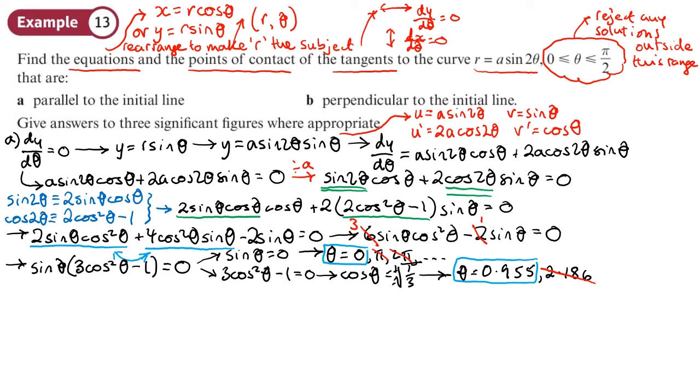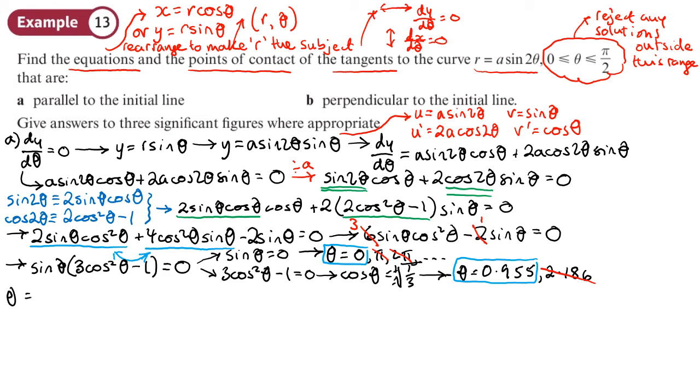The next thing is we need to work out what the values of r are, because we want the point of contact before we move on to find the equation of the tangent. So the point of contact is in the form r, theta. So we have our theta.